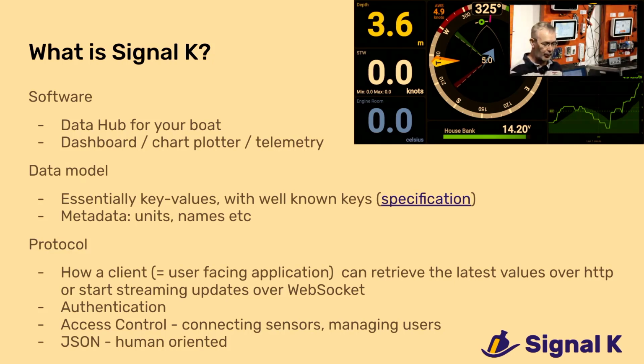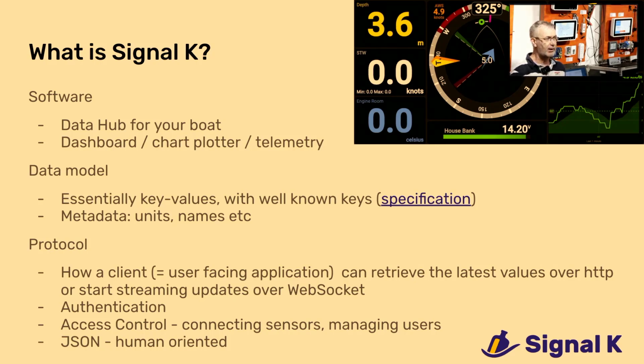And then it's a protocol. All the earlier protocols were not very well suited for today's computers and today's applications. So we picked a protocol for how a client, a user-facing application like a KIP dashboard that you see in the top right, gets the data and what each piece of data is called.